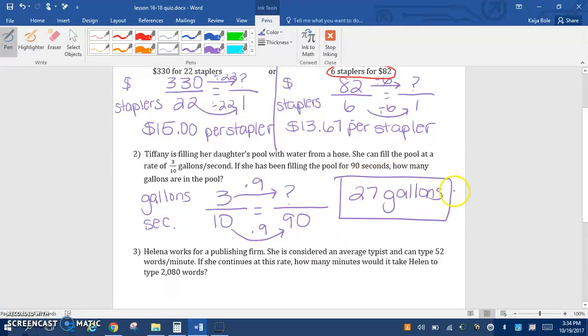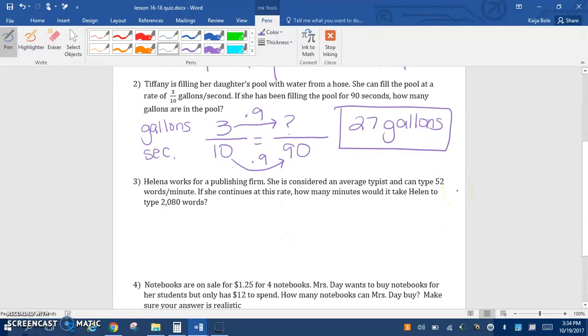Alright, number 3. Helena works for a publishing firm. She is considered to be an average typist and can type 52 words a minute. If she continues at this rate, how many minutes would it take Helena to type 2,080 words? So I'm comparing words to minutes. Put it in here. And they said she can type 52 words in 1 minute.